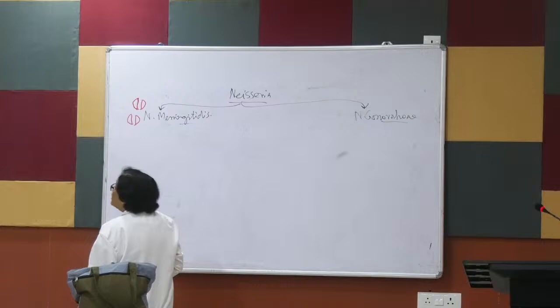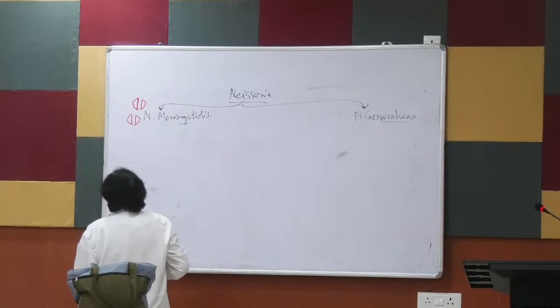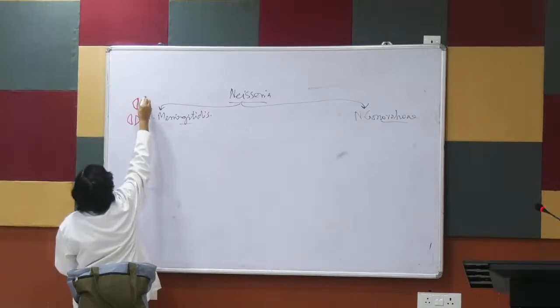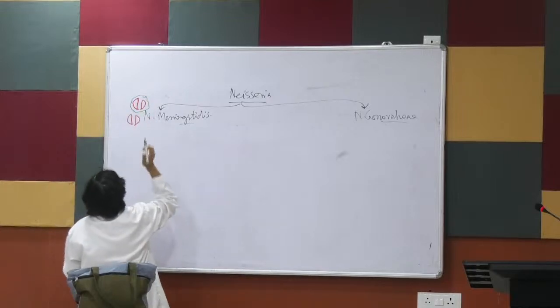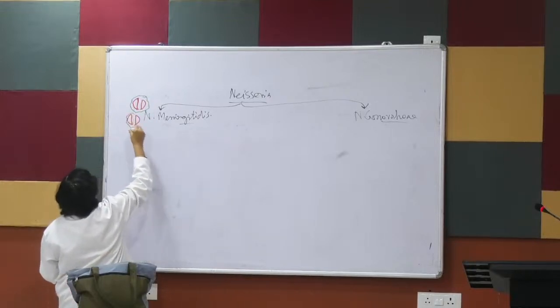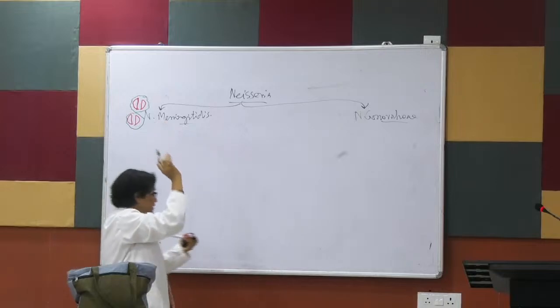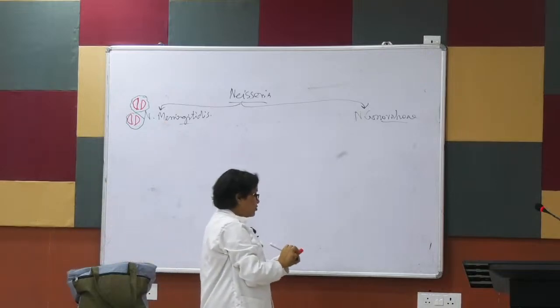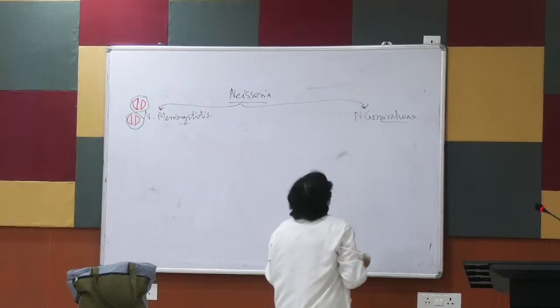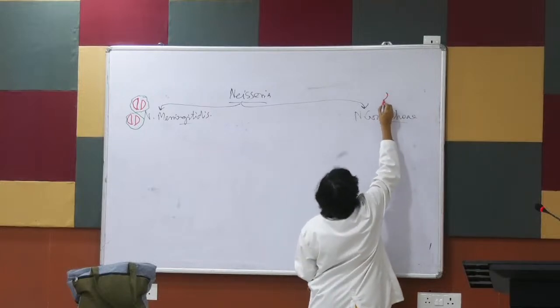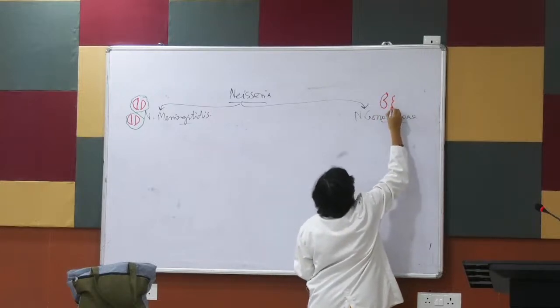So it is diplococci arranged in pairs. Neisseria meningitidis and Neisseria gonorrhoeae are both diplococci, but there is a big difference in the structure.